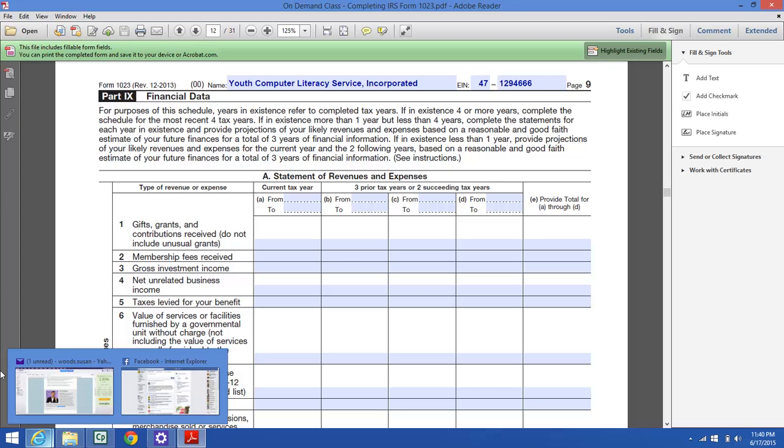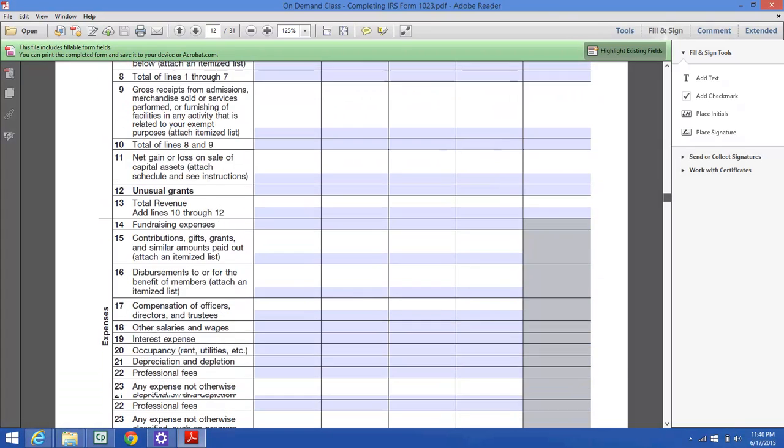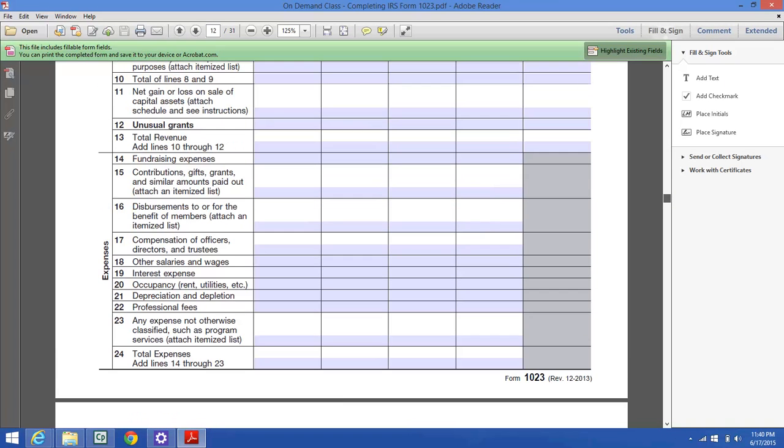So what I recommend doing when you come to this financial data page is going all the way down to line number 14 to start with. Start with line number 14 here, and you would indicate your fundraising expenses because you need fundraising money. You need money to raise money.